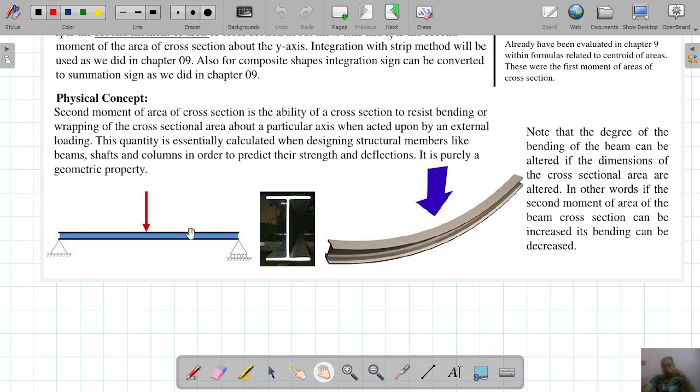Whenever load is applied over a beam, it will try to bend the beam about its cross section, and the load tries to wrap the beam about its respective cross section, which is, if you can say, about the x-axis.